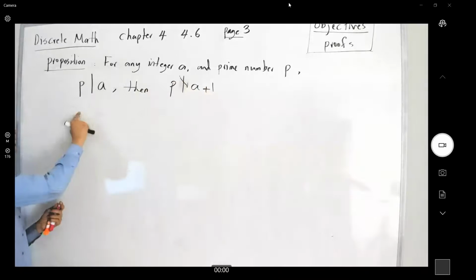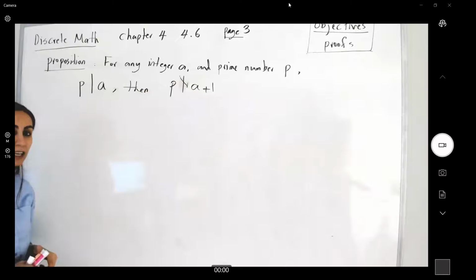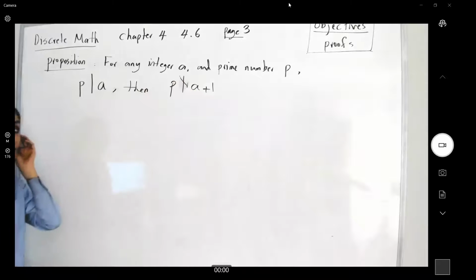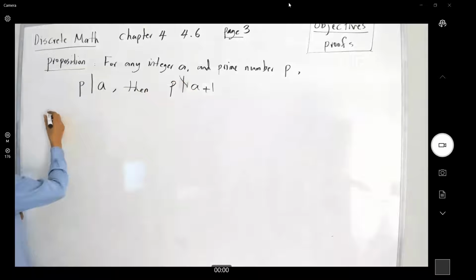If p divides a, p cannot divide a plus 1. Okay, which method? How do you prove this statement?